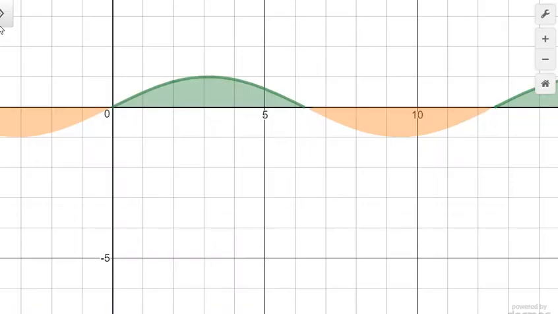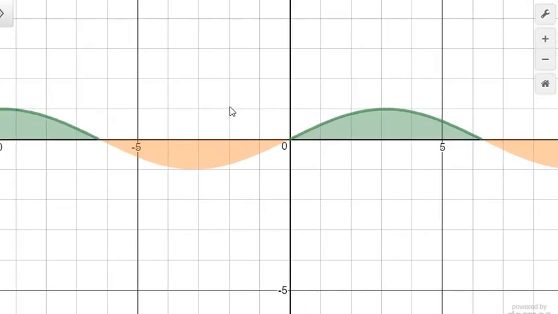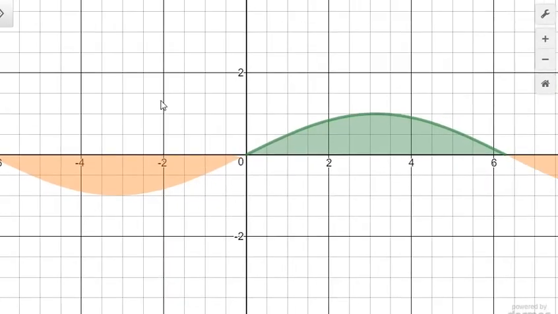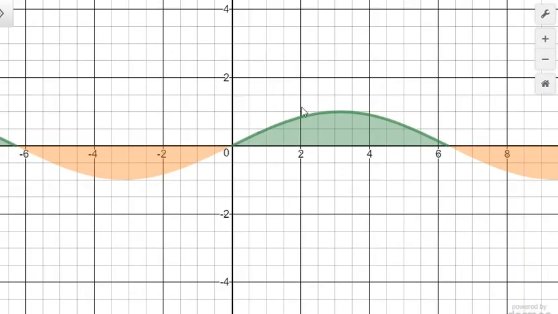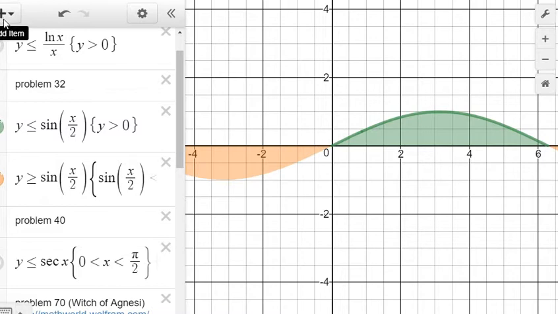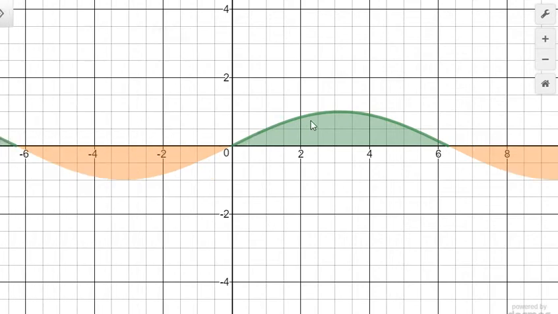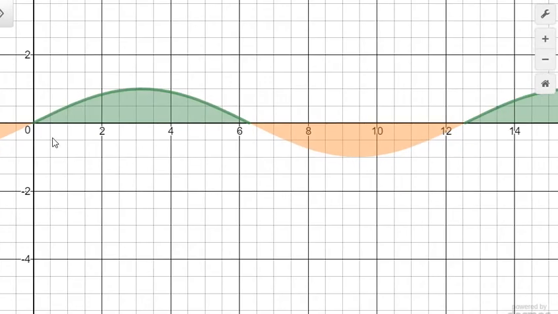So if we look at this integral, I've played with it a little bit. You're going to get this up and down pattern. We're trying to find the area between the curve and the x-axis as x starts from 0 all the way out to infinity.